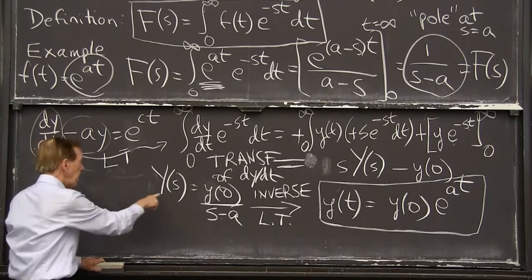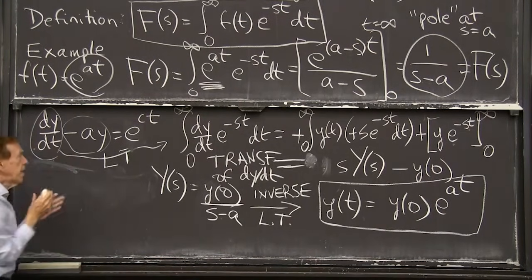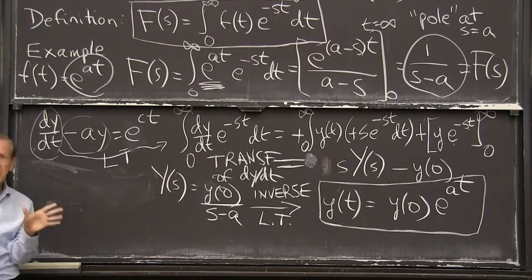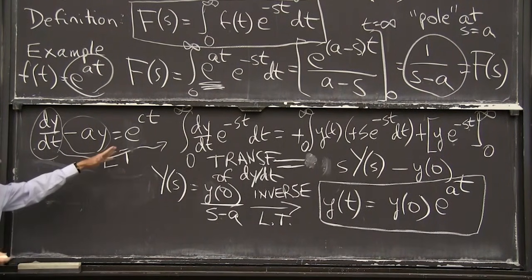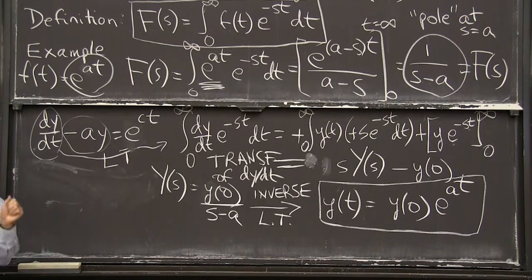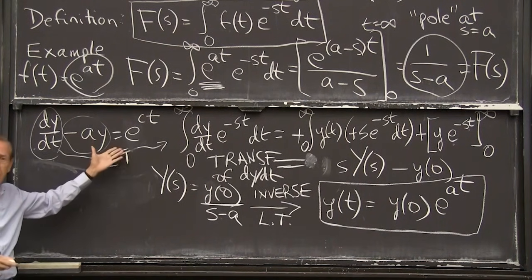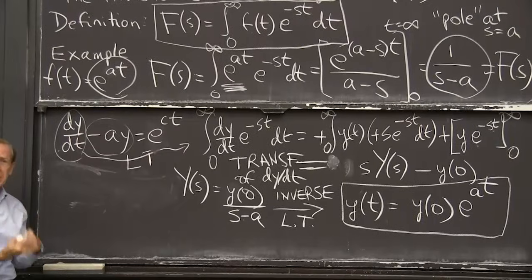Can I do the same idea, the central idea? Take my differential equation, transform every term. Then I started with a time equation, and I'm going to get an s equation.